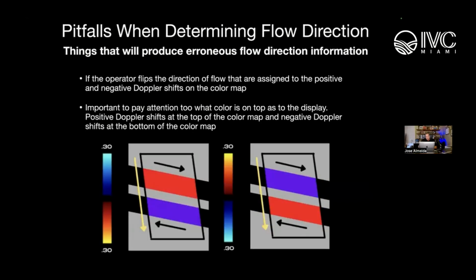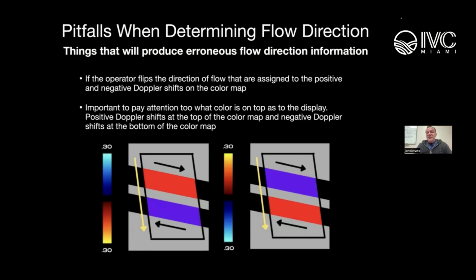Okay, so now let's talk about some of the pitfalls, and there's quite a few. So these are things that will produce erroneous flow direction information, right? So if the operator flips the direction of flow that are assigned to the positive and negative Doppler shifts on the color map, it is important to pay attention to what color is on the top of the display.